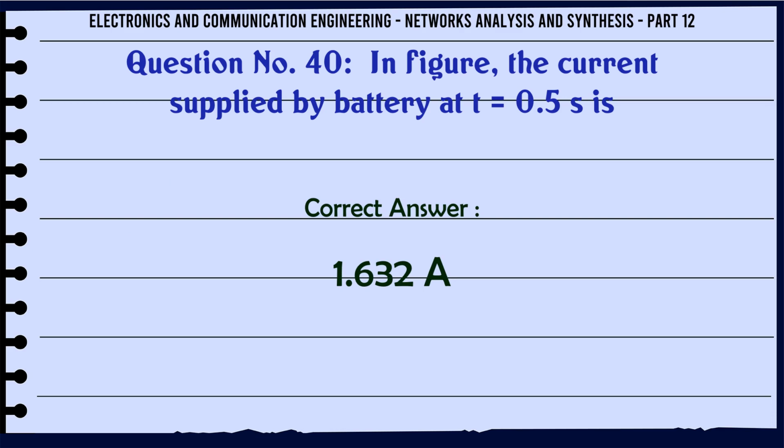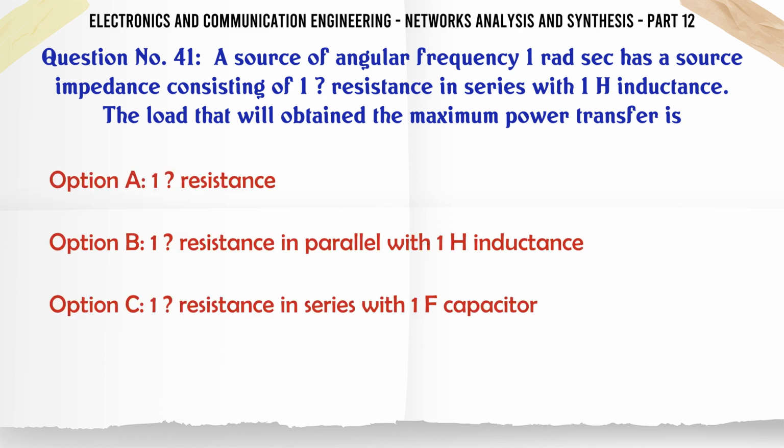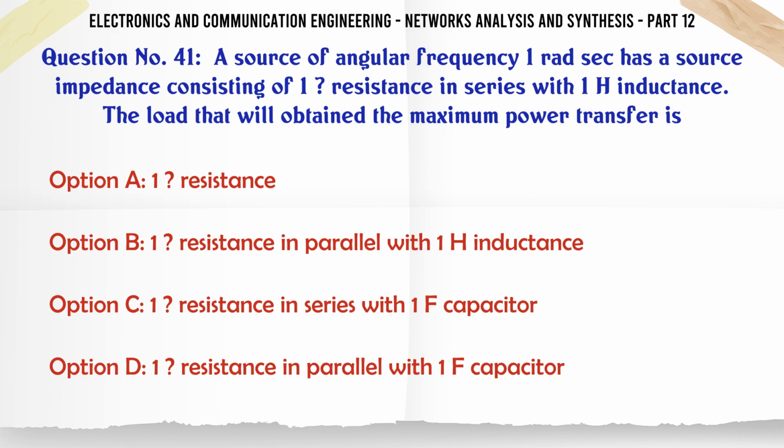In the figure, the current supplied by the battery at t = 0.5 s is A) 1.1 A, B) 1.9 A, C) 0, D) 1.632 A. The correct answer is 1.632 A. A source of angular frequency 1 rad/sec has a source impedance consisting of 1 Ω resistance in series with 1 H inductance. The load that will obtain the maximum power transfer is A) 1 Ω resistance, B) 1 Ω resistance in parallel with 1 H inductance, C) 1 Ω resistance in series with 1 F capacitor, D) 1 Ω resistance in parallel with 1 F capacitor.